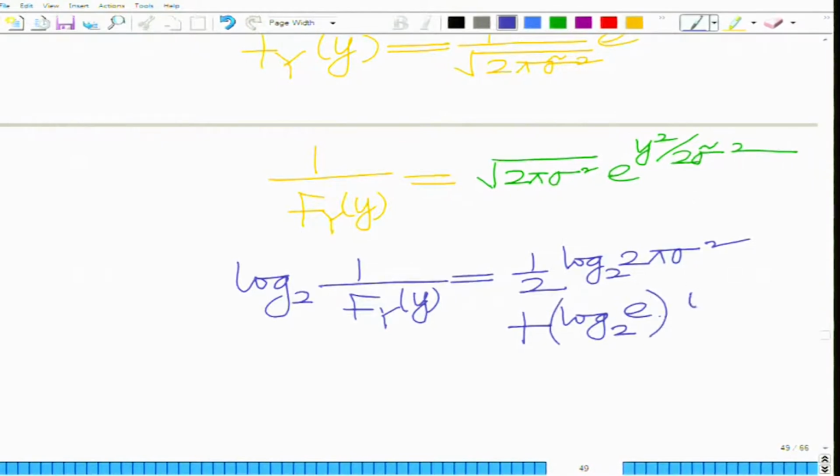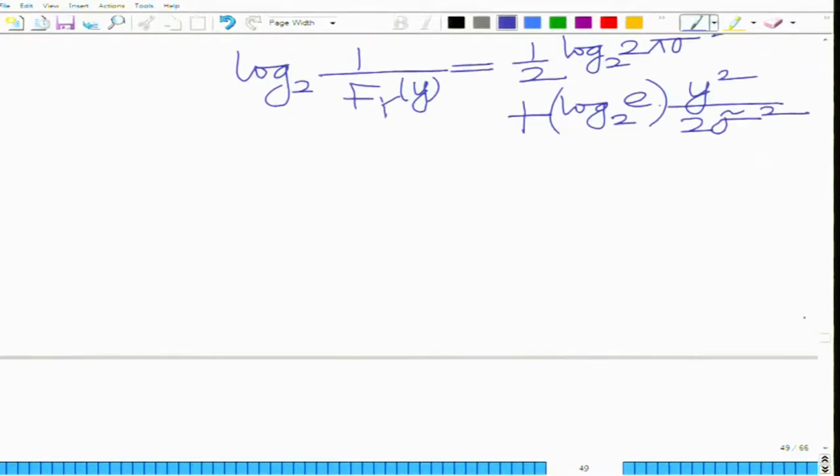So, that will simply be y square divided by 2 sigma tilde square. Okay. So, we have simplified this quantity log to the base 2 of 1 over fy of y.